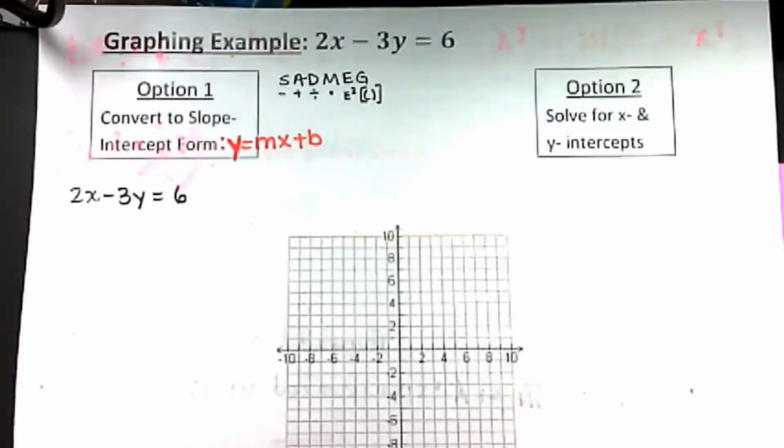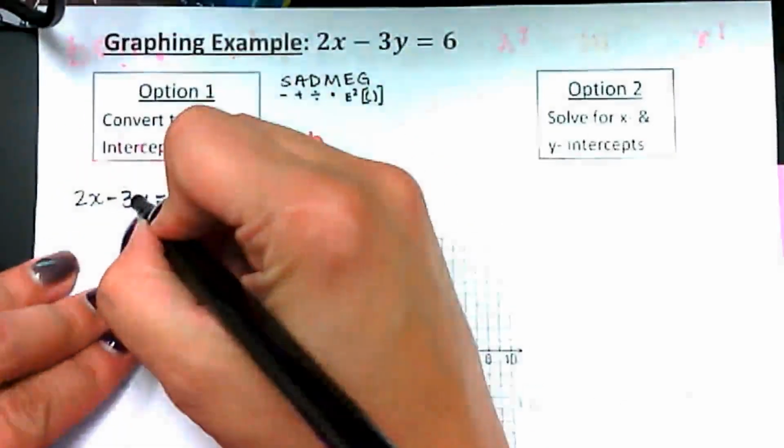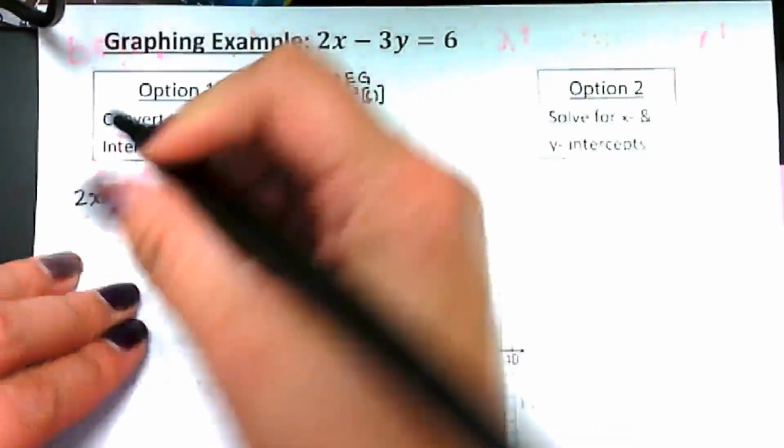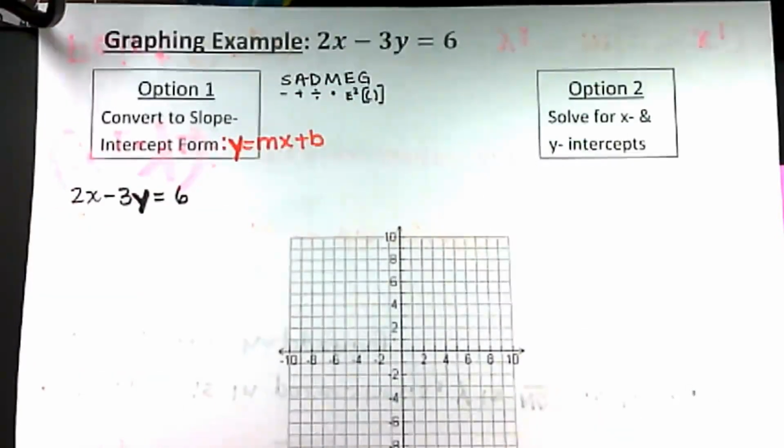Okay? All right. So, since my goal is to get y alone, that's going to be the last thing I move, okay? Do I have anything that I can remove using subtraction or addition?